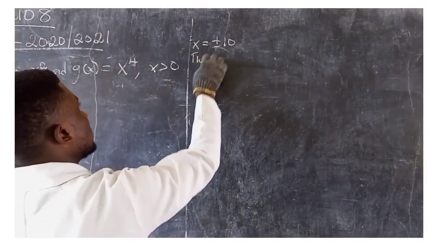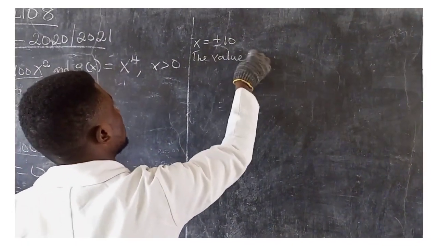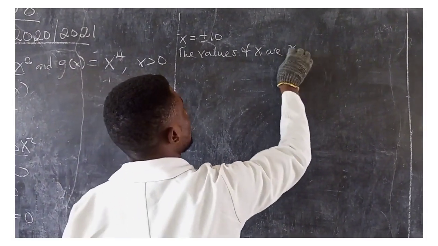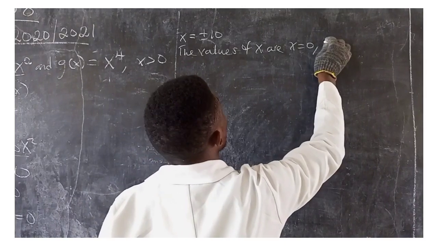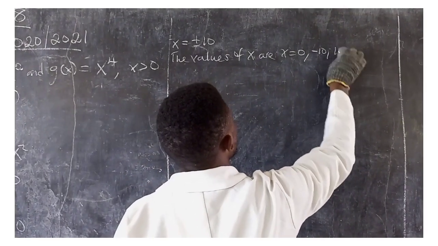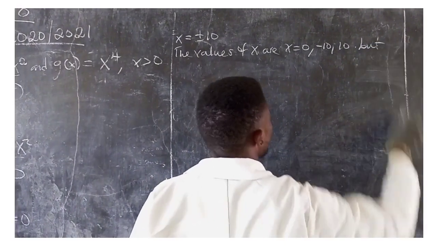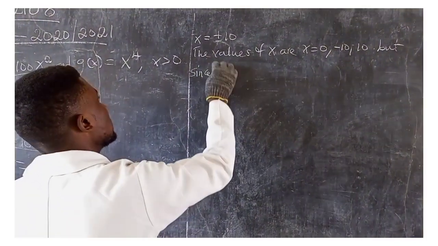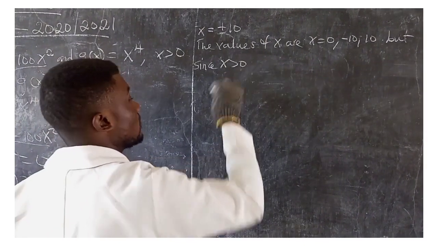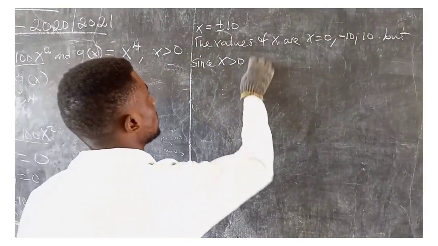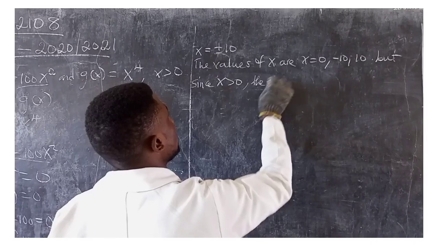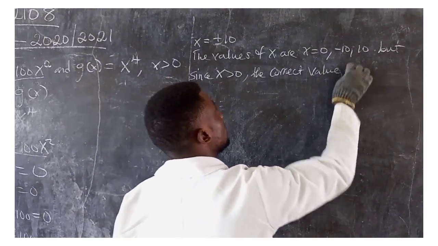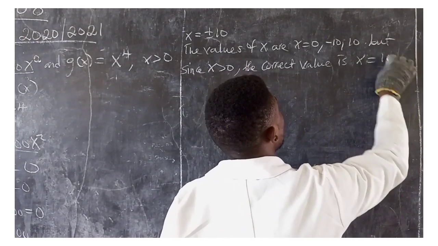So the values of x are x equal to 0, negative 10, 10. But the question said x must be greater than 0. Since x is greater than 0 from the question, we have that the correct answer is x equal to 10.